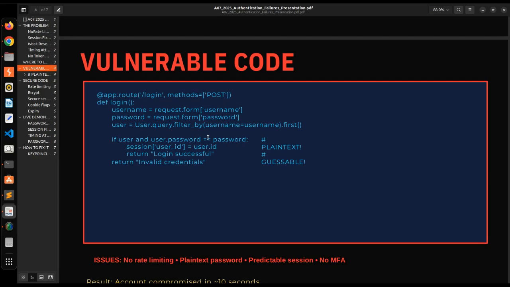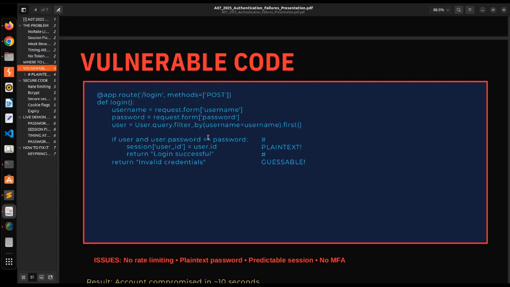Response time leaks how many characters match. Second is no rate limiting. Trying 10,000 passwords a second, the system just accepts it. Third is passwords stored in plain text. If the database leaks, everyone is compromised.